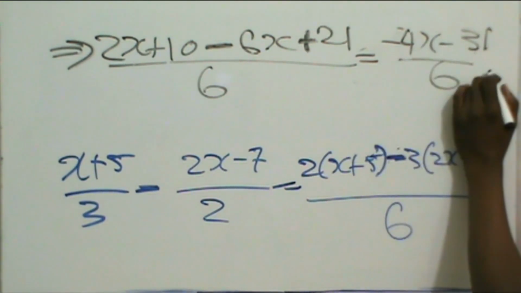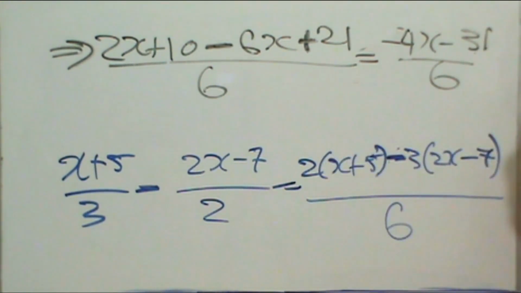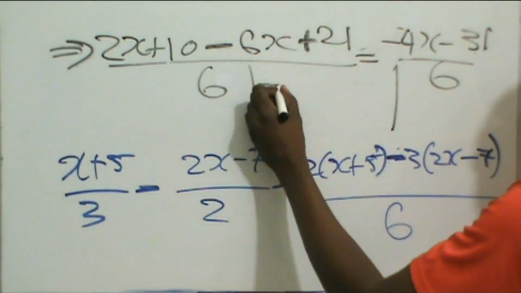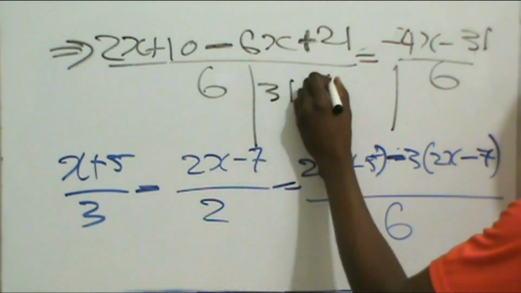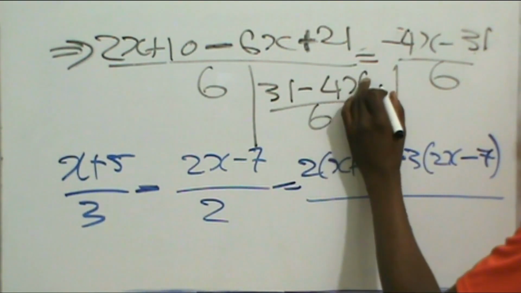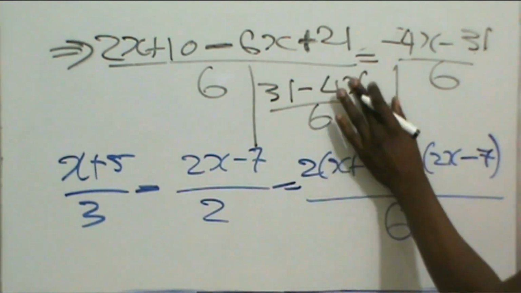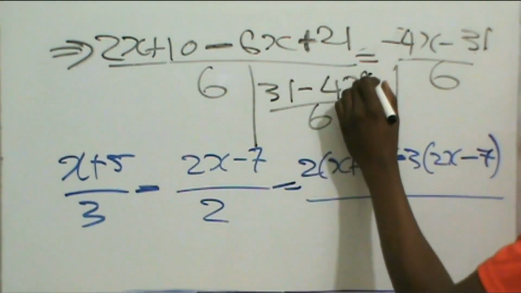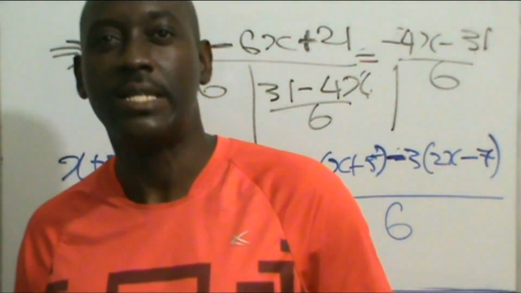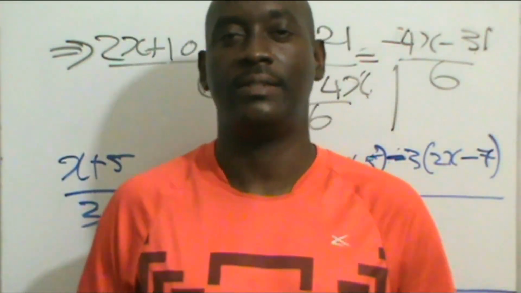So you get minus 4x plus 31 over 6, which you could write as 31 minus 4x over 6. Right? Just for the sake of aesthetics, elegance. Arithmetic sophistication, if you want to call it that.